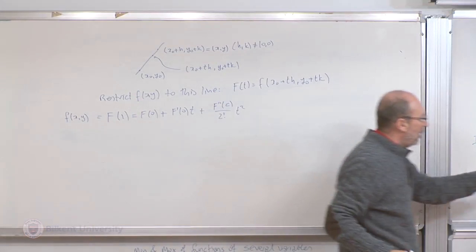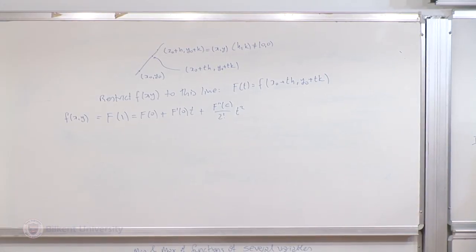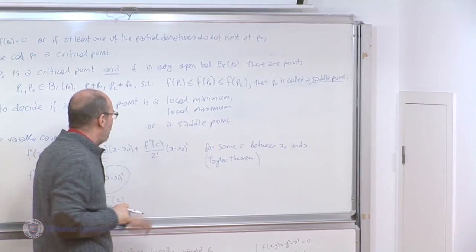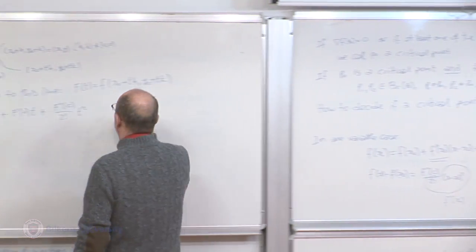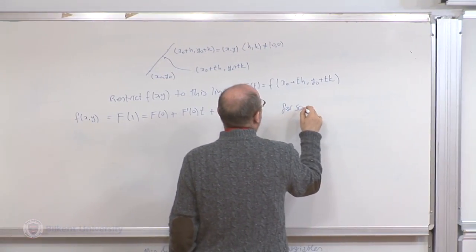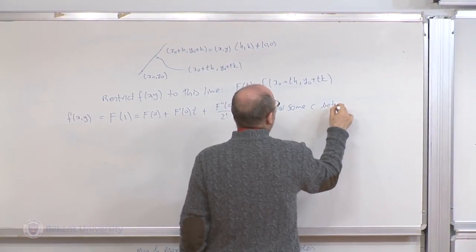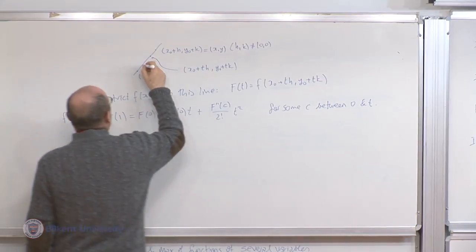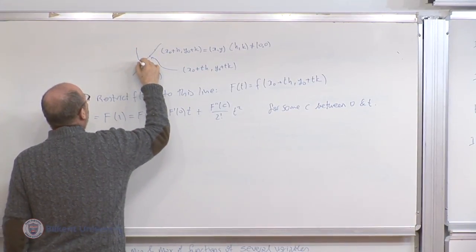Okay, so my x sub 0, my function is a function of t. So t sub 0 is 0. I'm just looking at t, for some c between 0 and t. So I evaluate the function here.